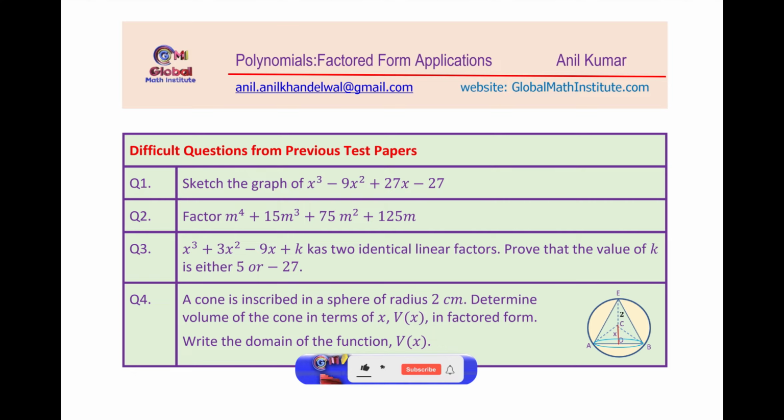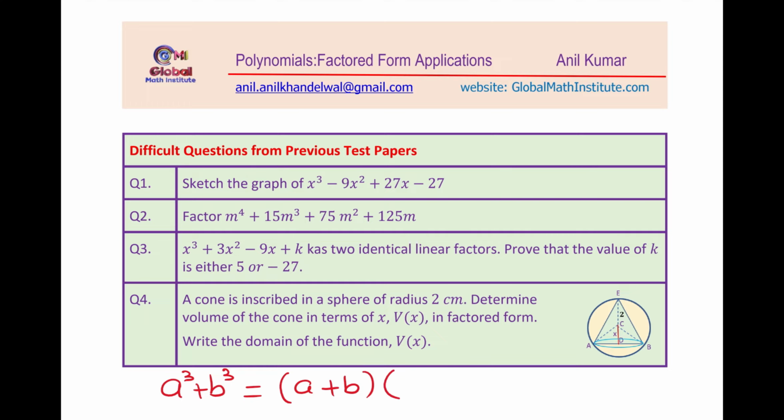One of them is sum of cubes, that is a cube plus b cube. As you know, this can be factored as a plus b times a square minus ab plus b square.